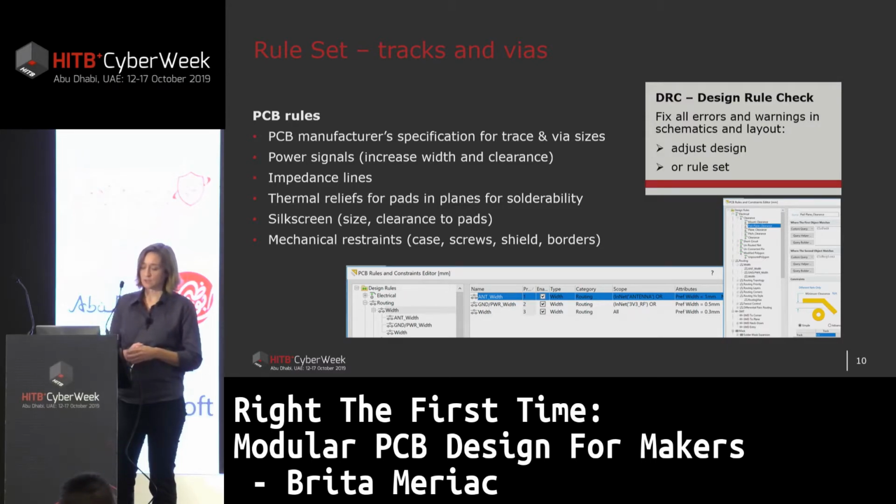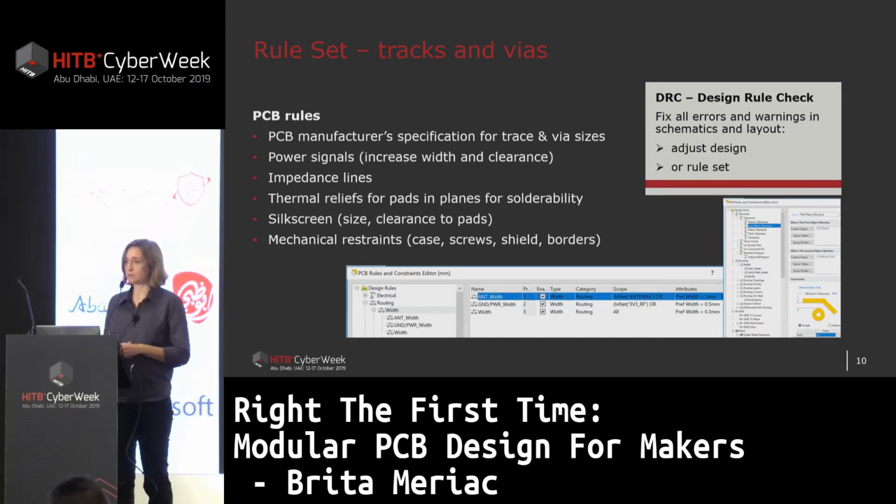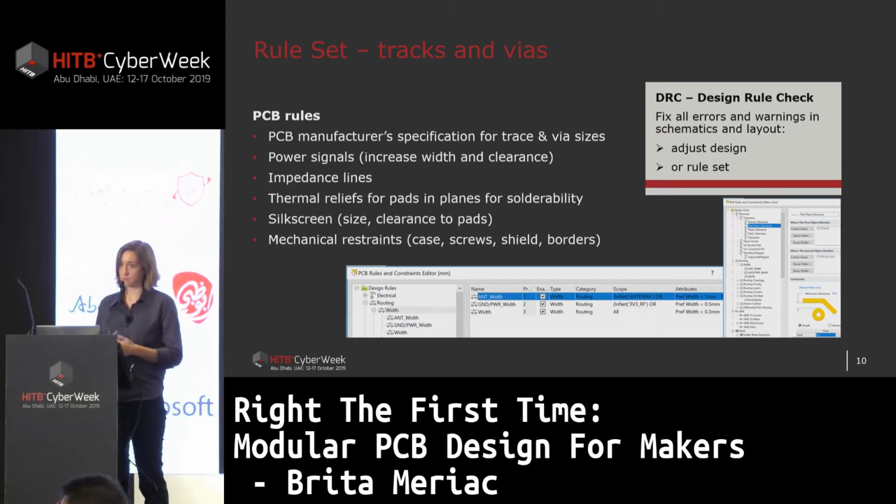So, first, a bigger width for power signals wherever possible. A special value for the width for impedance critical signals. We have to calculate this for microstrips. Thermal relief for pads in planes, otherwise it will become impossible to solder, as they heat up these pads for soldering.